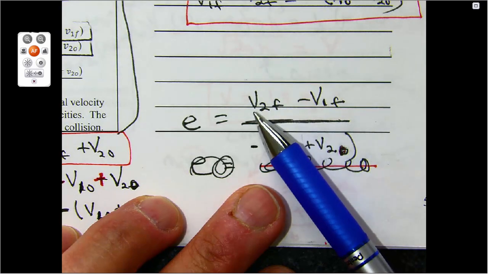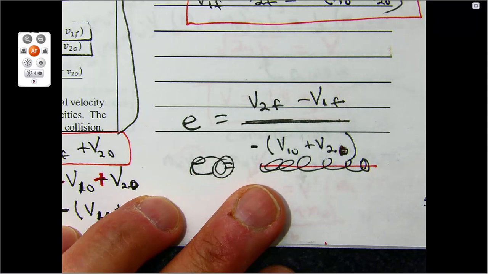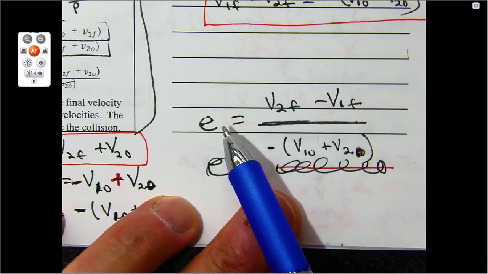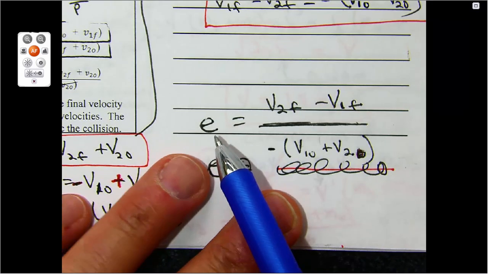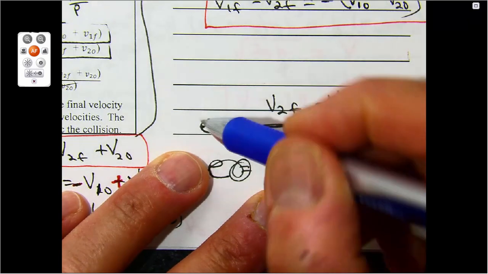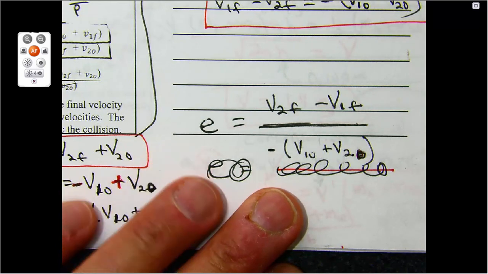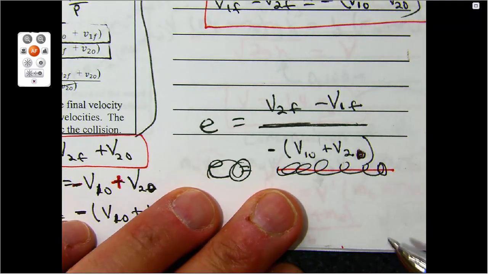Velocity. When this hits, what's that? E is elasticity, or our coefficient of restitution.